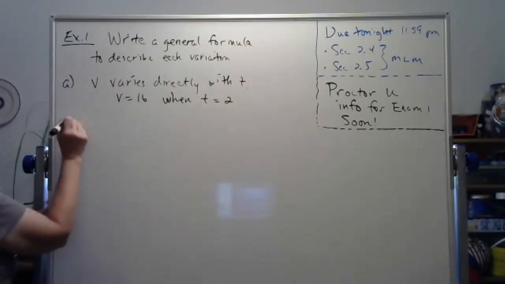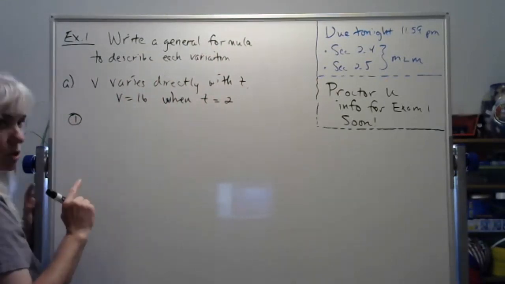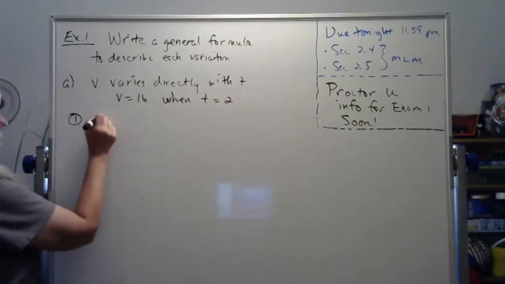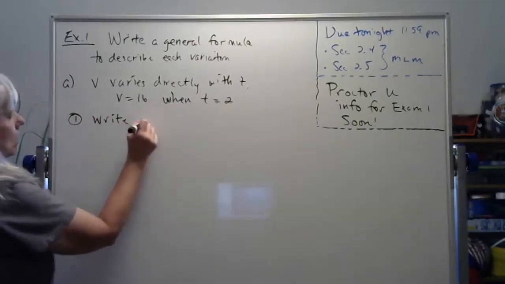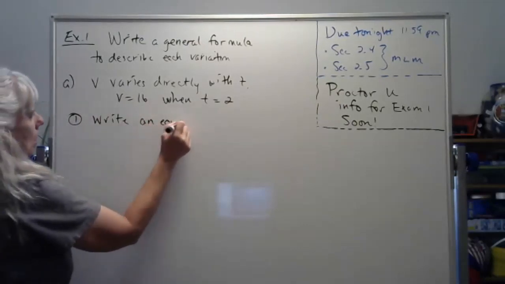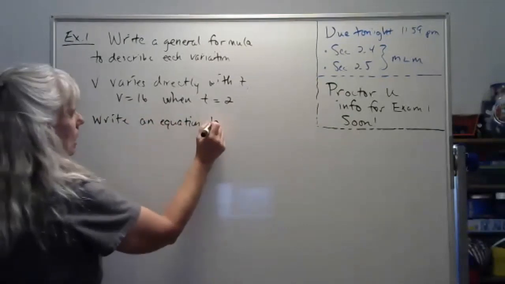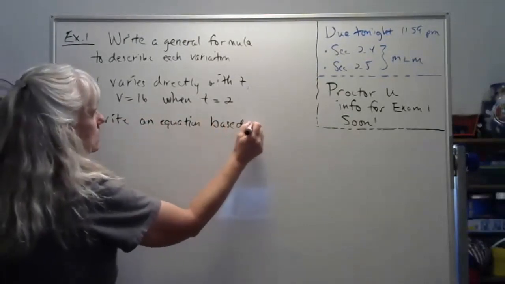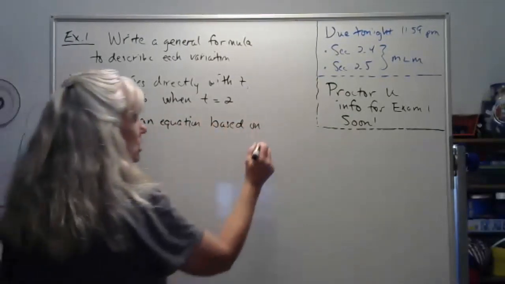So our first step here is going to be to come in and just write the equation. So we're going to write an equation, and that's based on the type of variation.